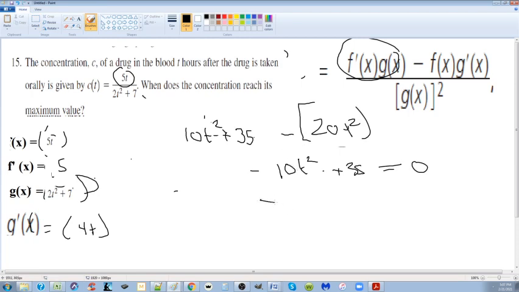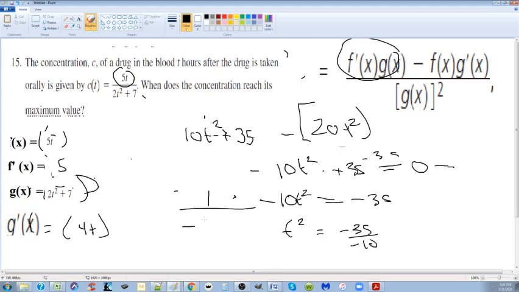Well, minus 10t squared is equal to minus 35 when I subtract it from both sides. And t squared, therefore, is equal to minus 35 divided by minus 10, because I have to multiply by the reciprocal on both sides. And that means this becomes positive.